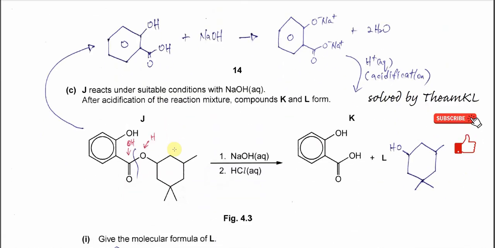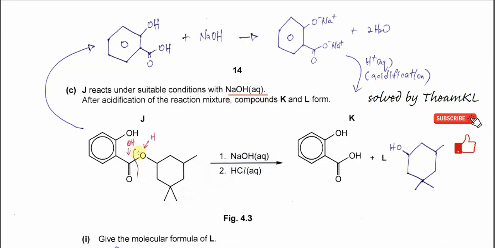For part C, the J reacts under suitable condition with sodium hydroxide. After acidification of the reaction mixture, compounds K and L form. So this actually involves two reactions. First, hydrolysis of the ester happens because it's aqueous sodium hydroxide.